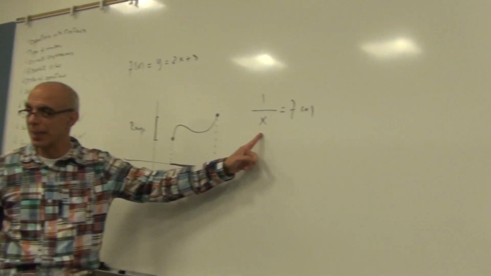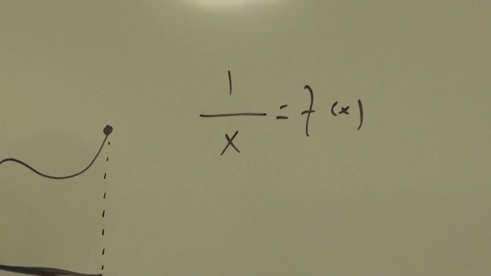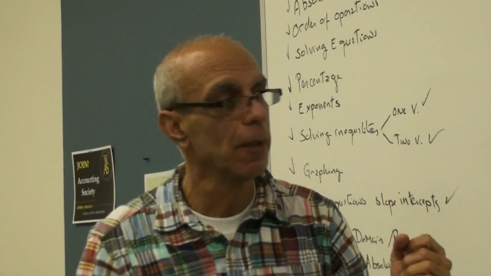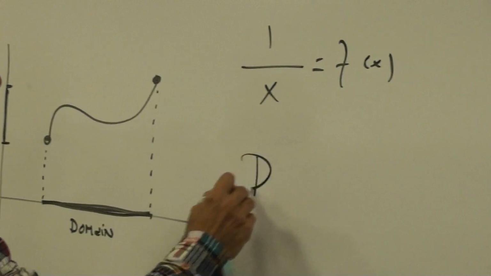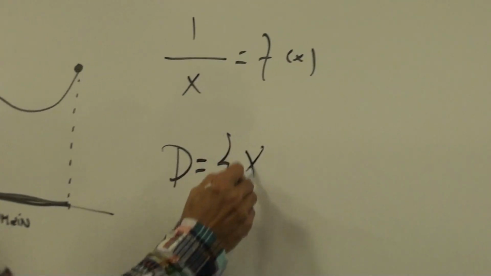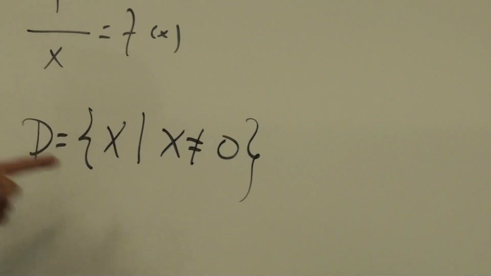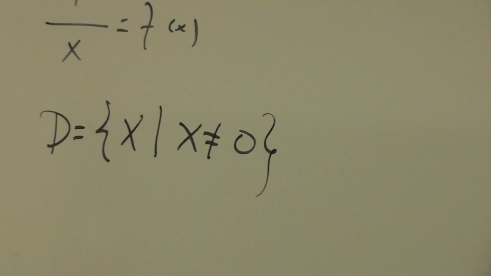Exactly. x cannot be equal to 0. So there is one value that it doesn't exist for. So the domain would be the set of x so that x is different than 0. So that is the domain, okay?